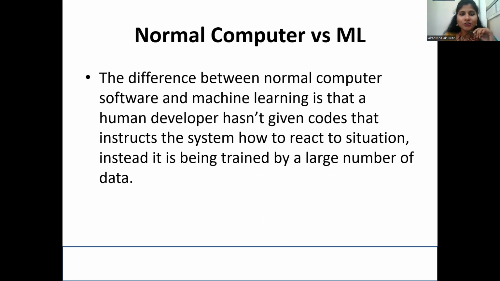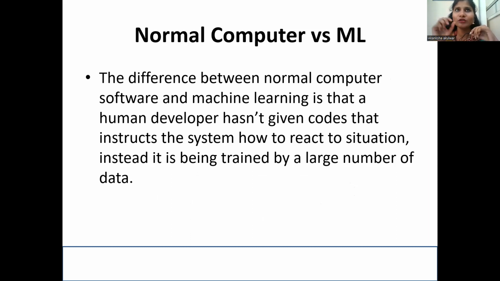So now what is the difference between normal computers and machine learning? The major difference between these two is that in normal software, a human developer gives a code that instructs the system how to react in a particular situation. Instead, in machine learning the system is trained with a large amount of data.